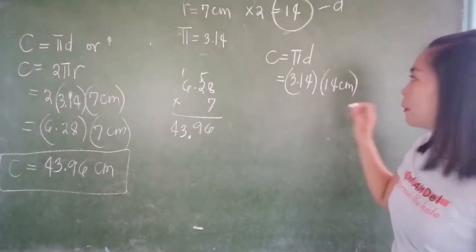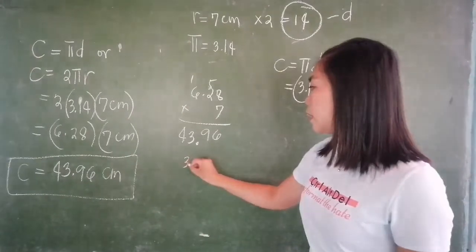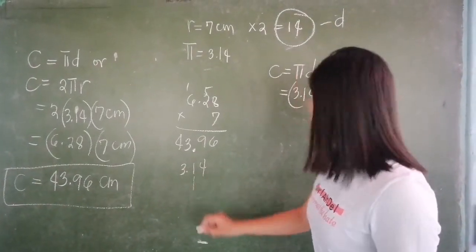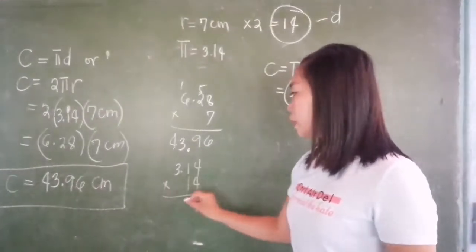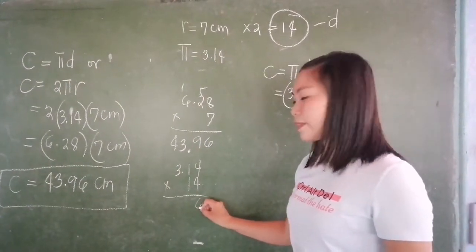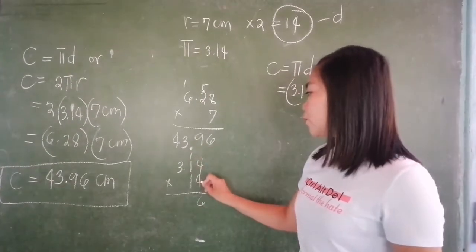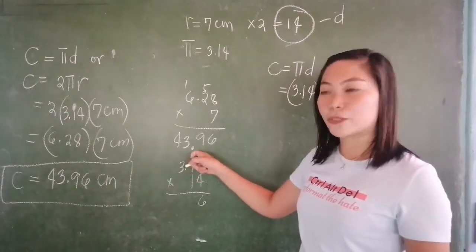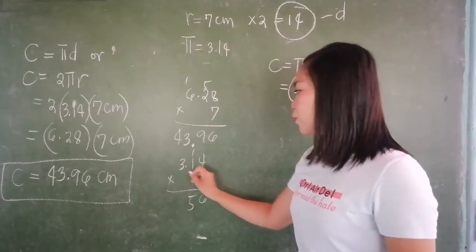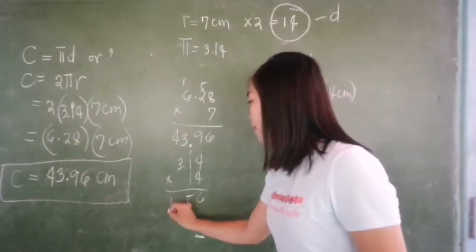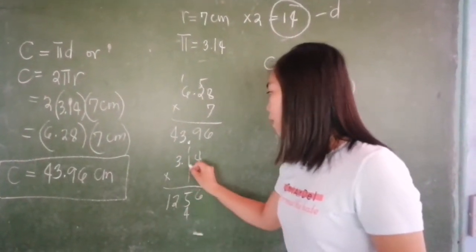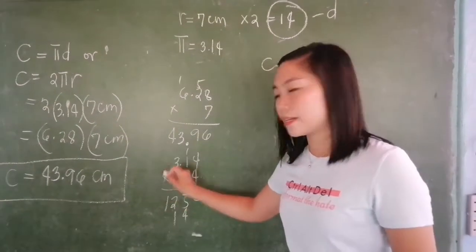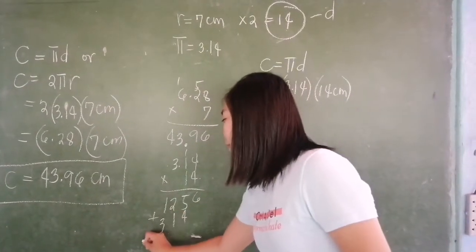Then, multiply. So, 3.14 multiplied by 14, that is equal to 4 times 4 is 16, write 6, carry 1. So, 4 times 1 is 4 plus 1, that is 5. Then, 4 times 3, you have 12. Then, 1 times 4, of course, 4. 1 times 1, 1. 1 times 3 is 3. Now, add.